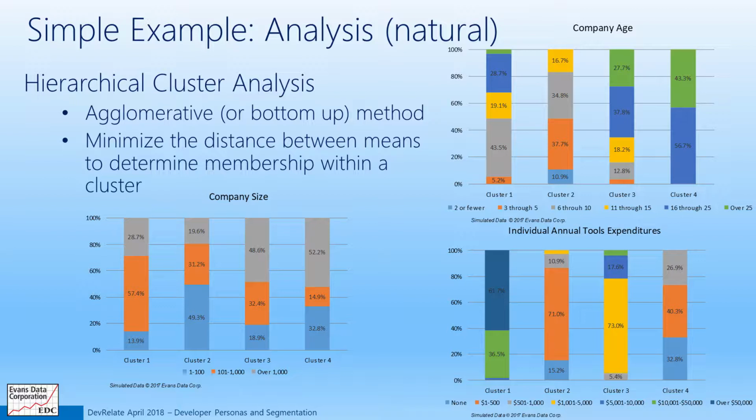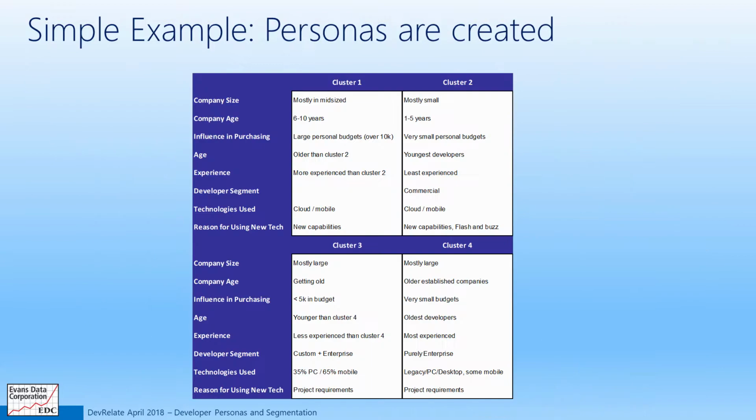And I'm not going to get too deep into the weeds in reading these charts, but we do see characteristics that can help define one group as distinct from another using a hierarchical cluster analysis. Once that cluster analysis is done, our analysts look at the data and aggregate the findings to summarize what belongs in each cluster.